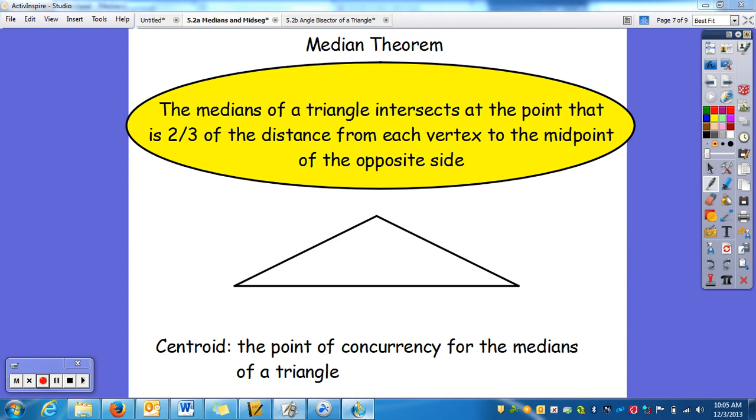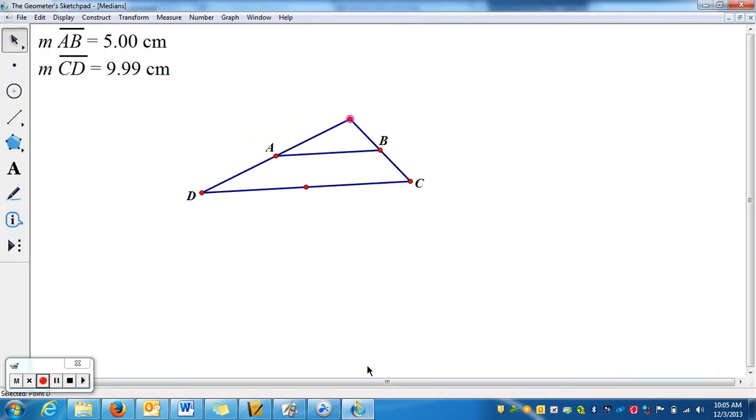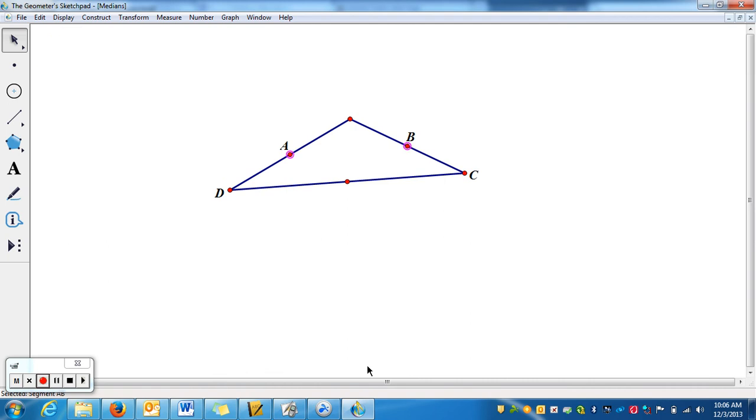Alright, so let's go back to Sketchpad. I'm going to get back to where I started. So I have the midpoints, so I'm going to make medians. I go from vertex to the midpoint. So I have my 3 medians inside the triangle, like so.